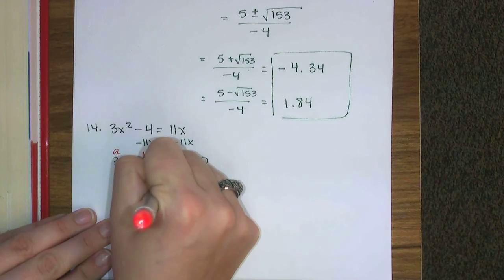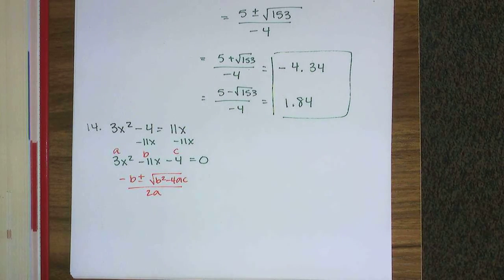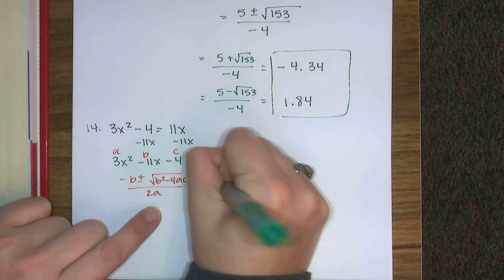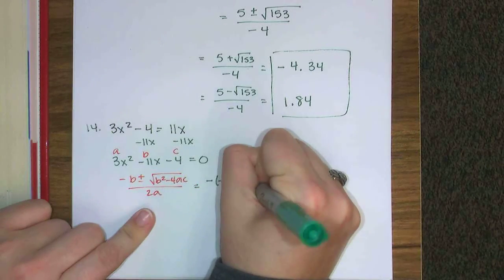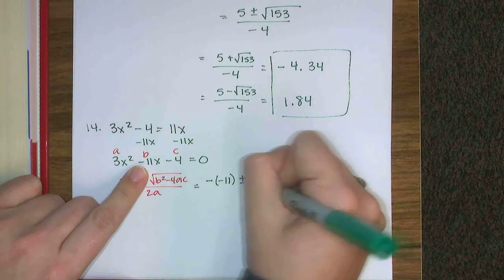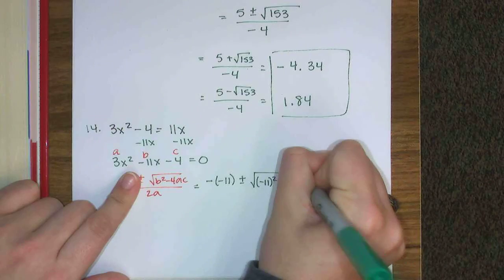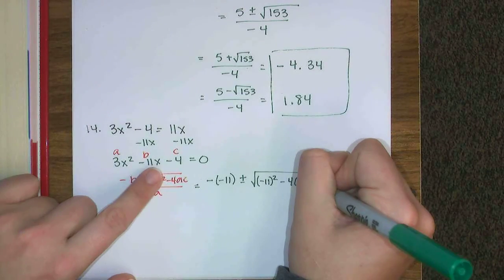And now I'm just plugging in. To this point, you might be tired of me doing that, but negative B is negative 11 plus or minus the square root of negative 11 squared minus 4 times 3 times, 3 is A, C is negative 4, all over 2 times A is 3.